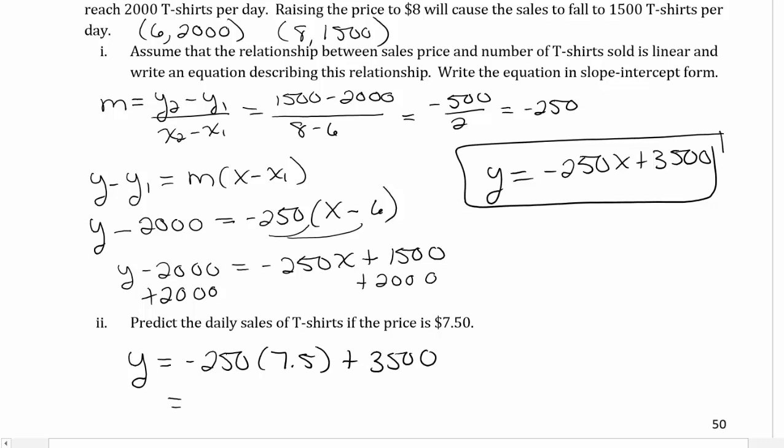So negative 250 times 7.5 gives us negative 1,875 plus 3,500, and we get 1,625 t-shirts per day.